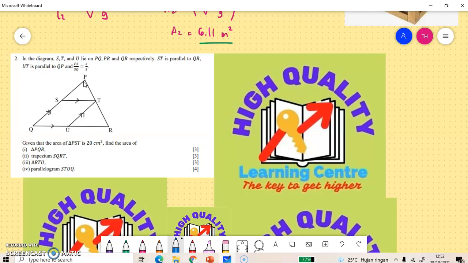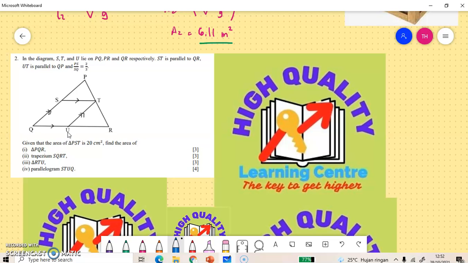The area of PST, the smaller triangle here, is 20 centimeter square. You have to find the area of PQR, the biggest triangle here.